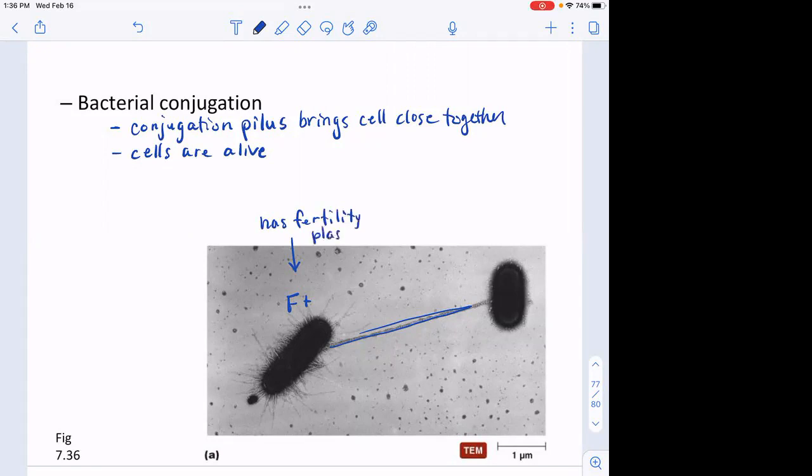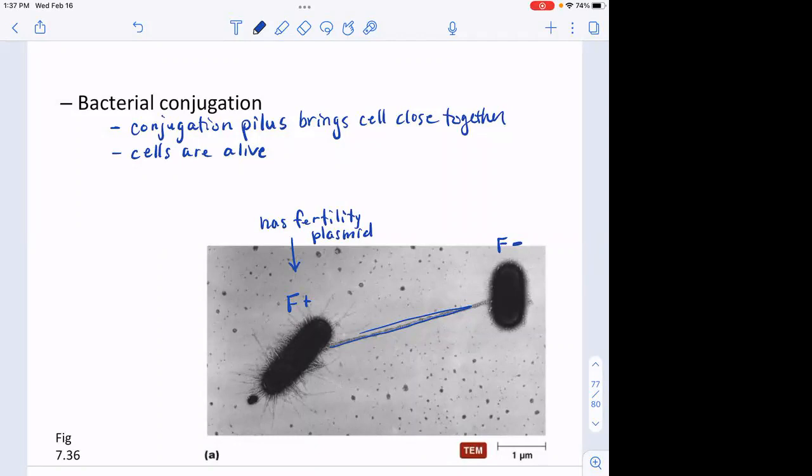If you remember back a couple of lectures, we were talking about different kinds of plasmids, like a bacterial resistance plasmid or bacteriocin plasmid. A fertility plasmid enables an organism to make that pilus and extend that to an F- cell, one that doesn't have the fertility plasmid.